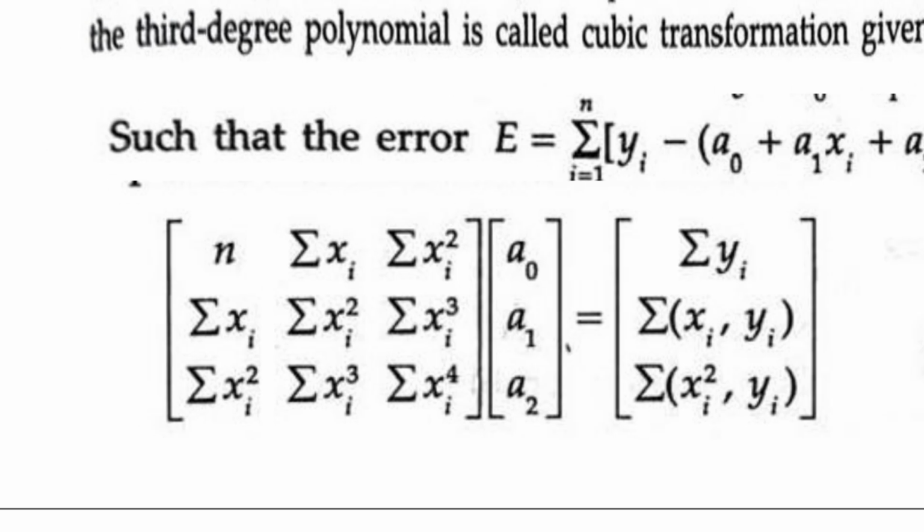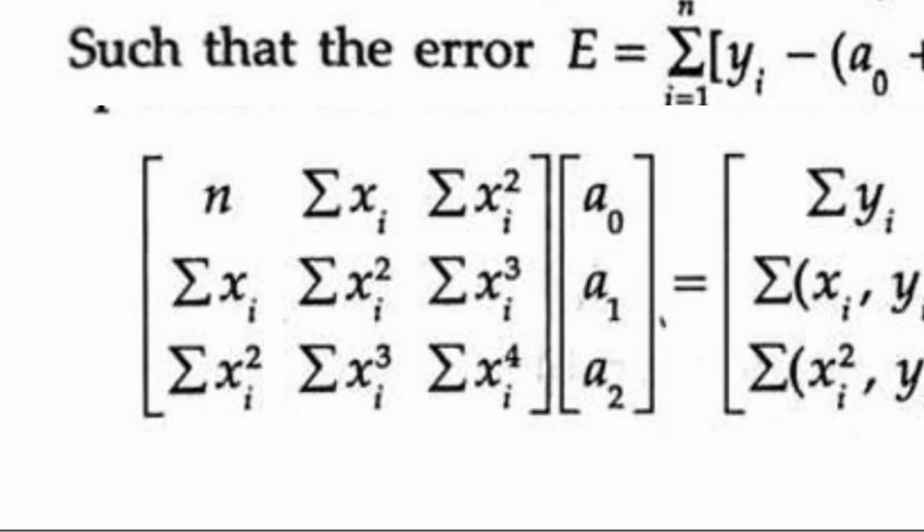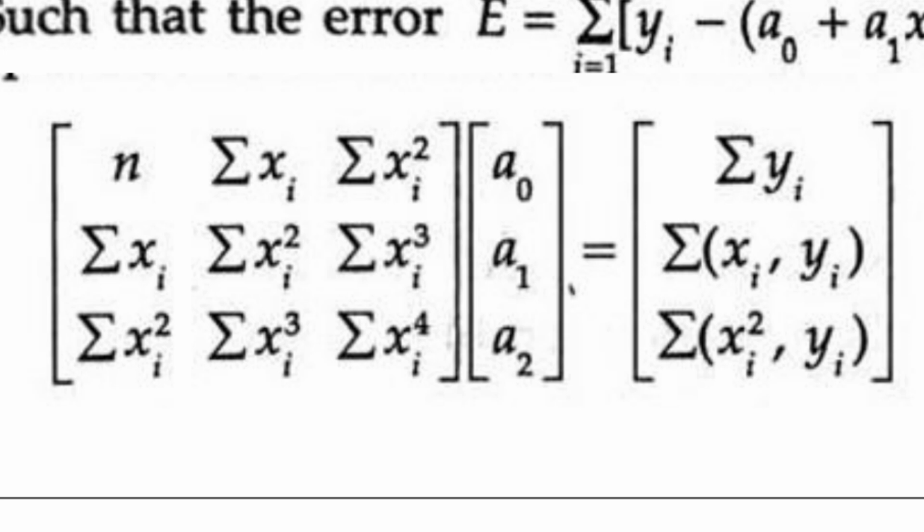But this is required. This is the matrix, and this one you should remember. That is n, the number of points, sigma of xi, sigma of x², then sigma x, sigma x², sigma x³, then sigma x², sigma x³, sigma x⁴, times a0, a1, a2, because the degree is 2. In the same way, sigma y, sigma xy, sigma x²y.